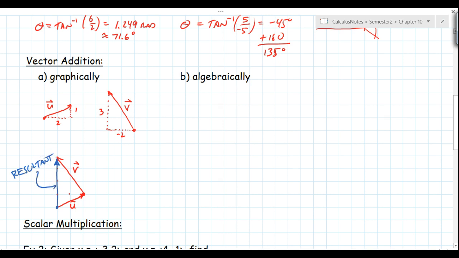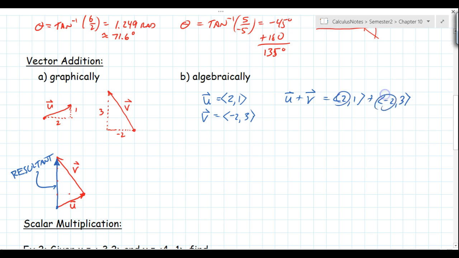And then we can do the same thing algebraically by writing the vectors in component form. I'll use the same two vectors that I did graphically. The vector u would be 2, 1. The vector v would be negative 2, 3. When I add those, vector u plus vector v, I just add the x components and the y components.